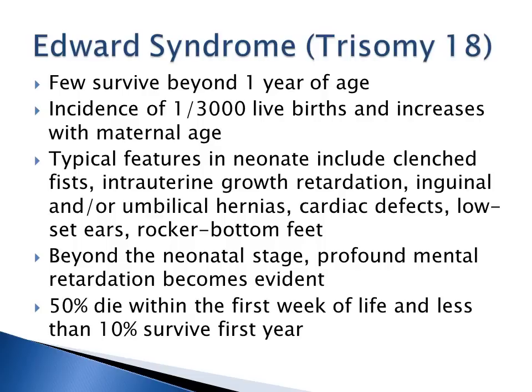Neonate features include clenched fists, intrauterine growth retardation, inguinal or umbilical hernias, cardiac defects, low-set ears, and rocker bottom feet. Beyond the neonatal stage, you get profound mental retardation. 50% of individuals with trisomy 18 die within the first week of life, and less than 10% will survive beyond 1 year.